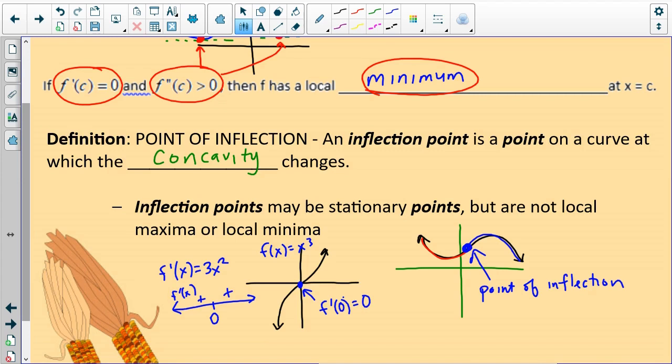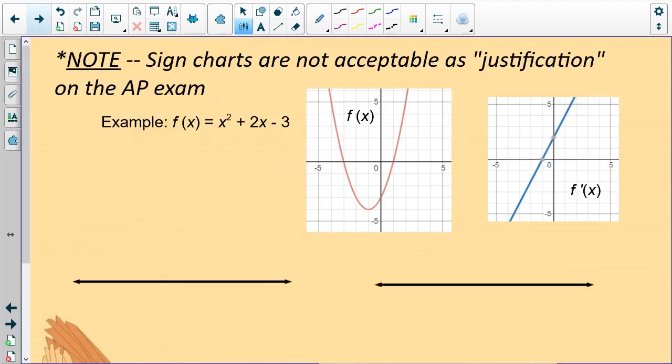So that means I don't have a local max or min at that point. So I can have a stationary point, quote unquote, but it's not a local max or min. A stationary point, in essence, means that my derivative is 0, so I'm neither increasing nor decreasing.